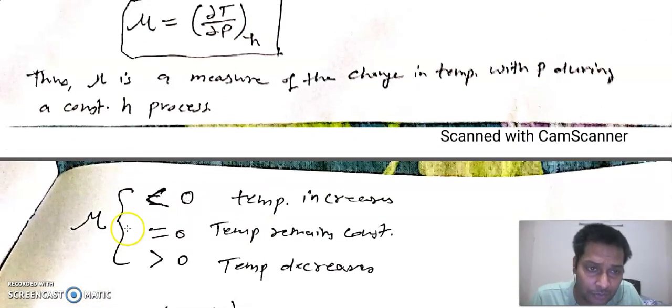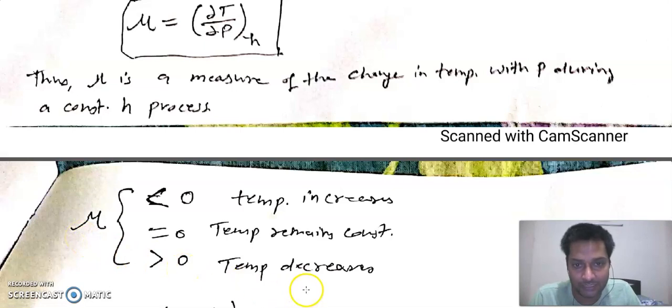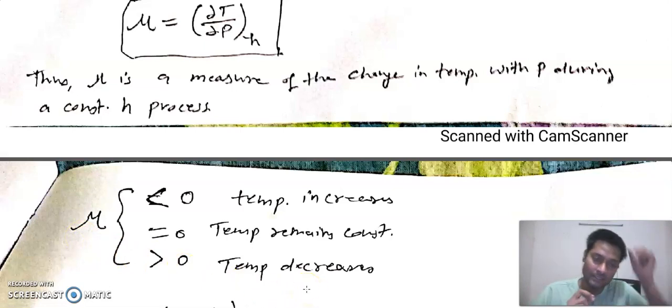If the mu or Joule-Thomson coefficient value is less than 0, in that case the temperature will increase after the throttling process, and if the mu value is 0, it means the temperature will remain constant, and if this mu value is greater than 0, then there will be a decrease in temperature.